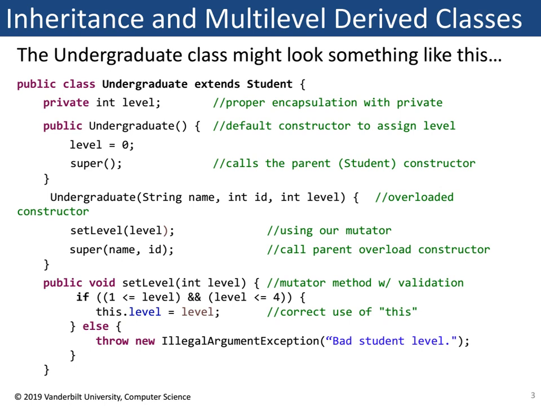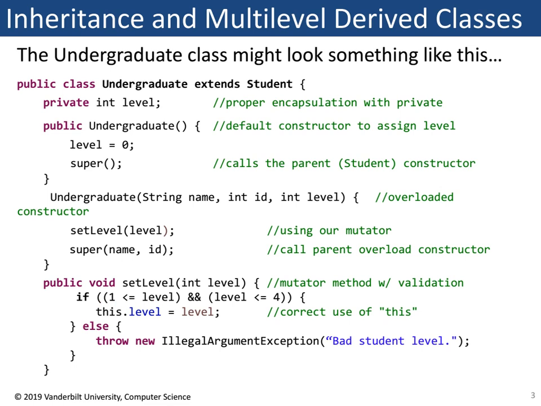So this is what I was talking about previously. One of the benefits of these mutator methods is that we can do validation, right? So if we allowed someone to directly access the level instance variable from outside of this class in a client program, they could write any integer they want into this field.